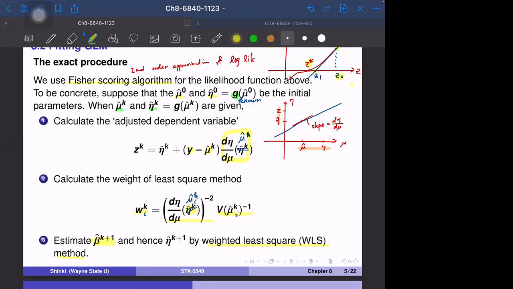Once you get beta hat, eta hat is obtained. Eta hat is a linear combination of beta: eta is equal to beta 0 plus beta 1 x1 plus up to beta p xp. So we can get eta hat, and once you get eta hat, of course you can get mu hat. Then you can do the next iteration.